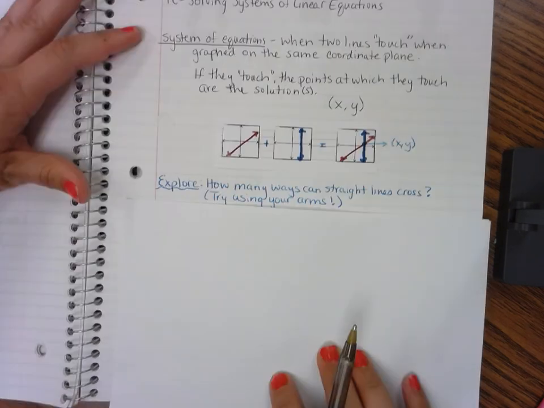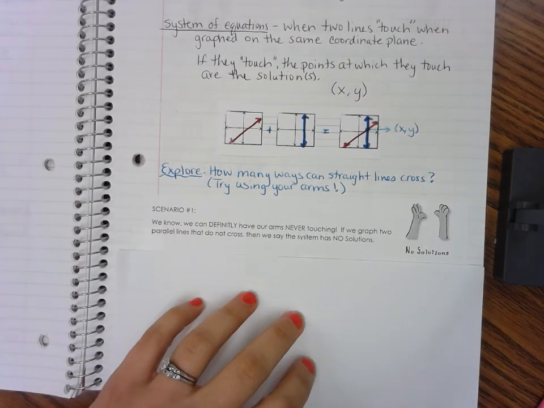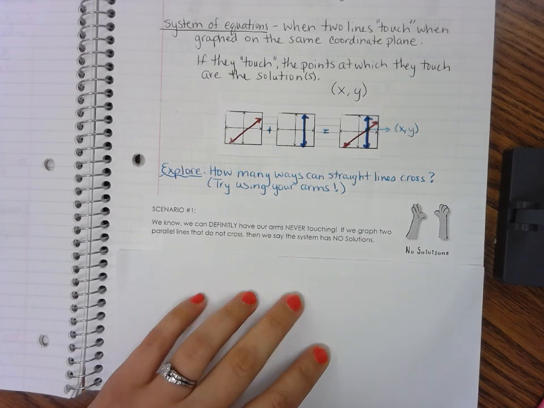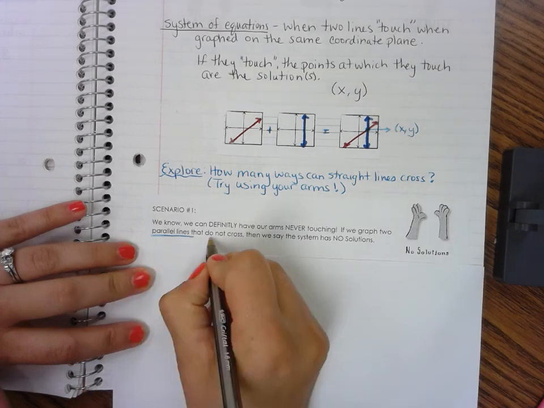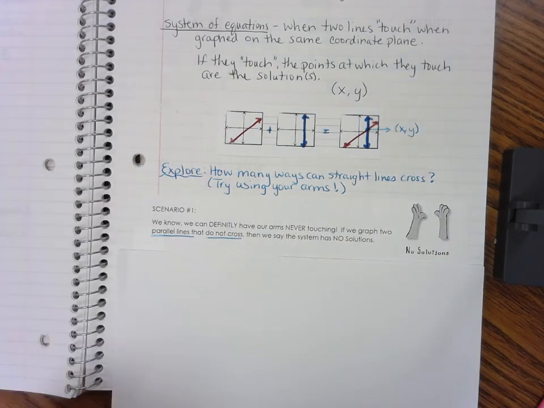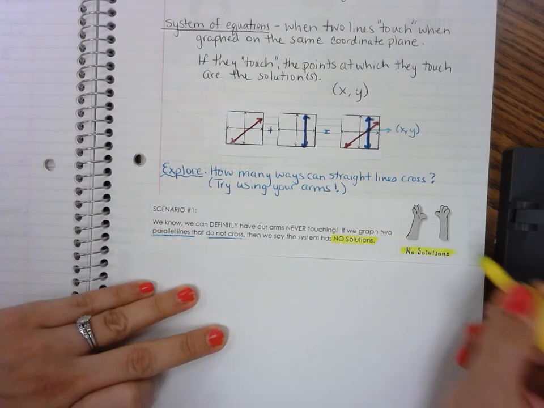The first scenario, we know that we can definitely have our arms never touching. If we graph two parallel lines that do not cross, then we say the system has no solutions. So if my lines are parallel, that means they are never going to cross, so we will have no solutions.